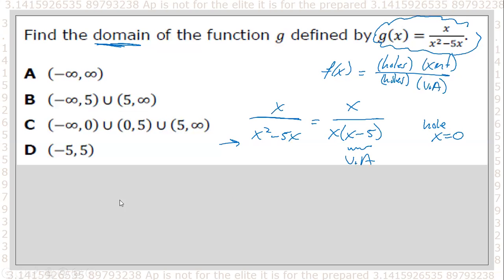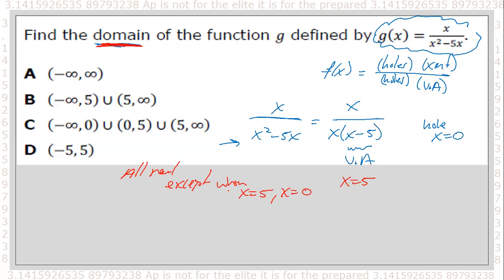So let me go ahead and make this a little bit prettier. So we have a vertical asymptote at x equals 5 and a hole at x equals 0. So our domain for this function right here would be all real numbers except when x is equal to 5 and x is equal to 0.